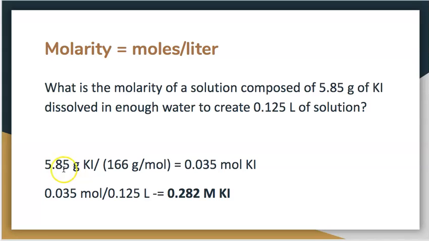We'll say 5.85 grams of KI, where there's 166 grams in a mole. This number of grams is the same as 0.035 moles of KI. Those mean the same thing. Then I just do my moles, 0.035, divided by my liters, 0.125, and I get my concentration, 0.282 molar KI. Notice that molar, capital M, means the same thing as moles divided by liters. They're the same.